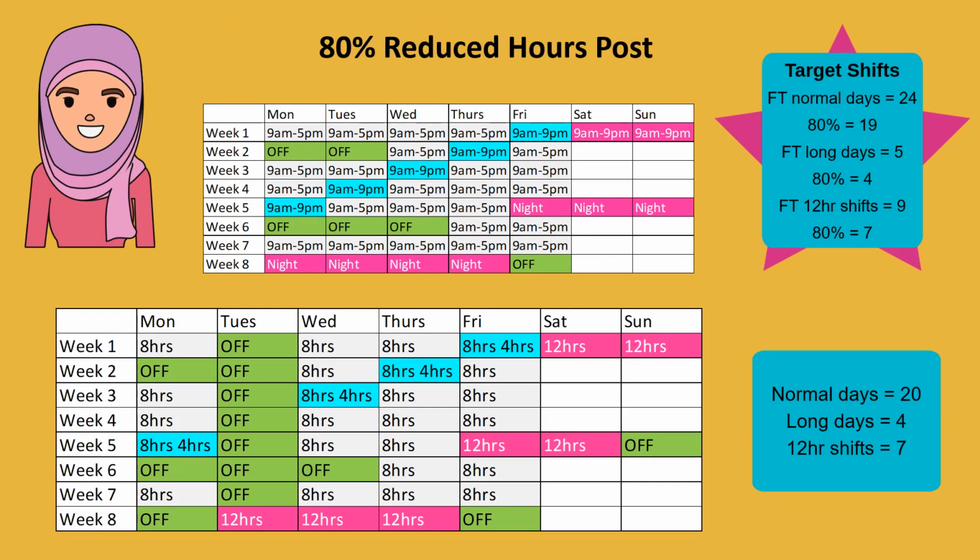Fatima again chooses to count up different types of shifts to calculate her rota. She works out she needs to work 19 normal days, 4 evening on-calls and 7 12-hour out-of-hours shifts to be 80%.